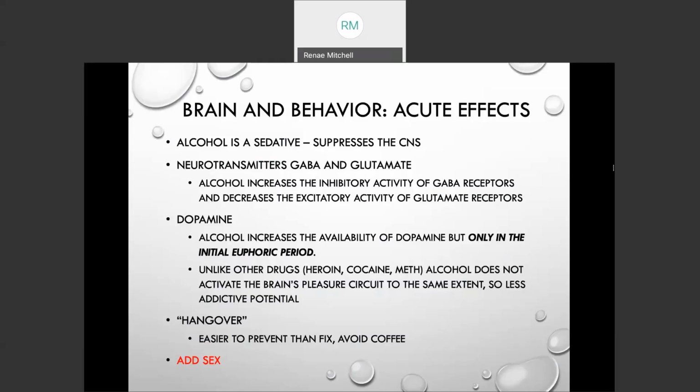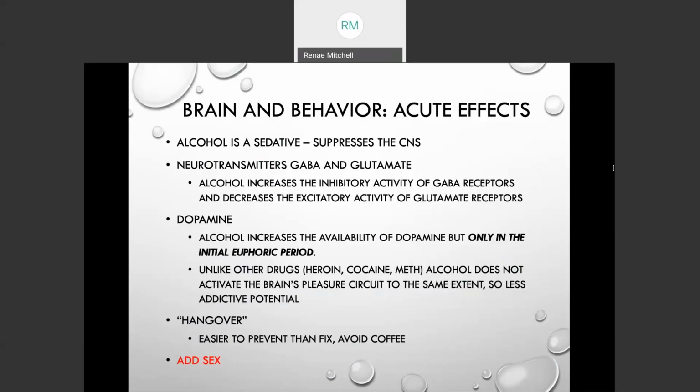they're the go, no-go neurotransmitters. GABA is the no-go, which means that if GABA is released, it tells neurons not to fire, versus glutamate, which is the go neurotransmitter, it tells neurons to fire. And so alcohol affects both of these in a way that reduces the amount of neurons firing.